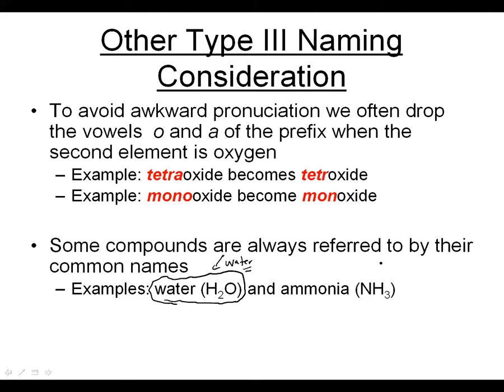NH3 over here is ammonia, and should be called ammonia. We don't typically call it nitrogen trihydride or anything like that. Ammonia is the correct name. That should also not be confused with NH4 plus that we saw in the polyatomic ions. These two are different.